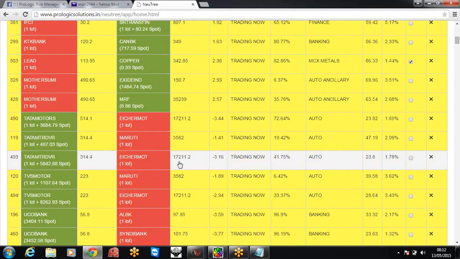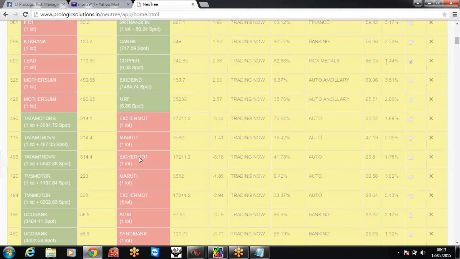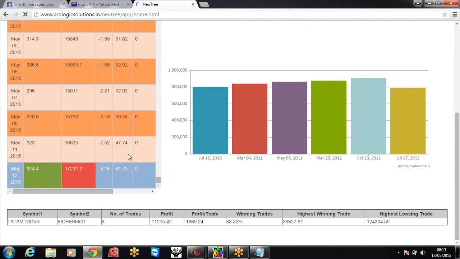So we have another trade in Tata Motor DVR and Maruti. This is running trades. Tata Motor DVR and Icon Motors, we have another call. So this also generated yesterday. So Tata Motor DVR is a buy and Icon Motors is a short.